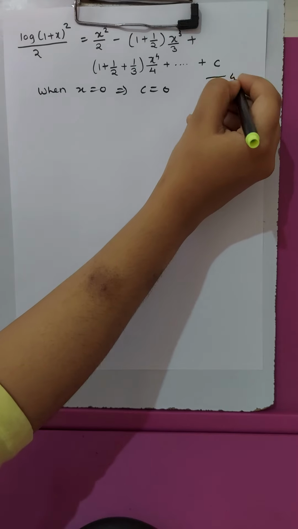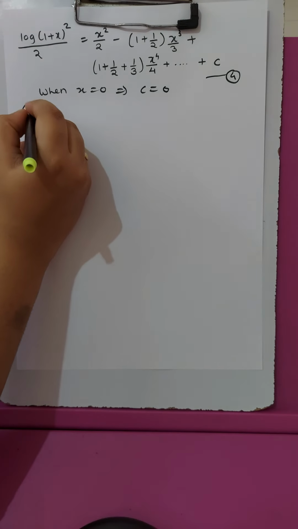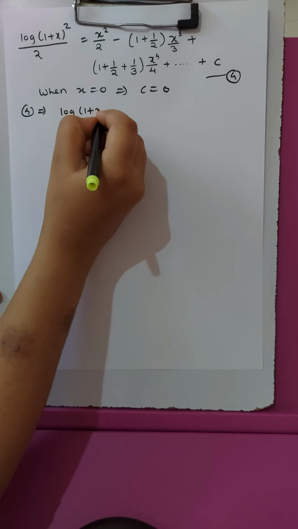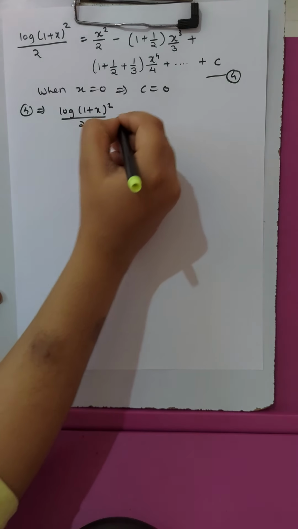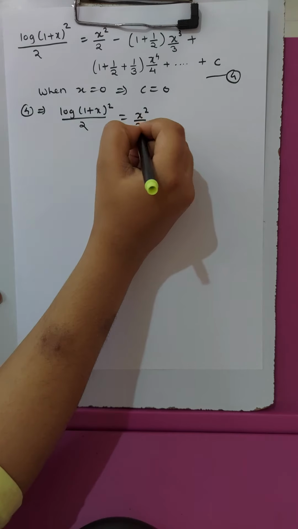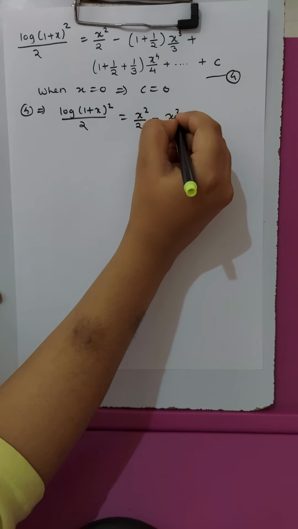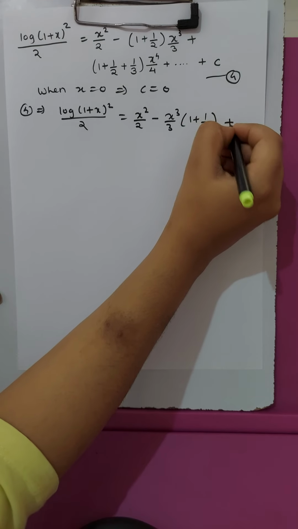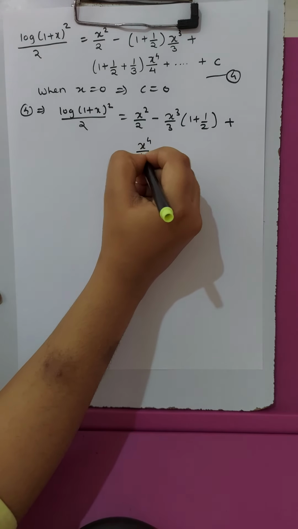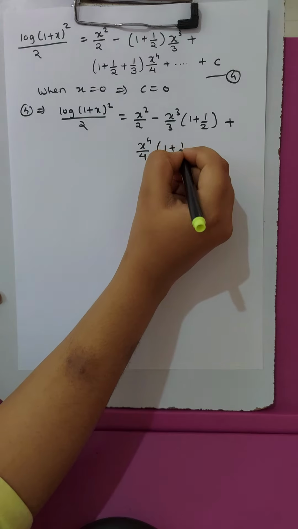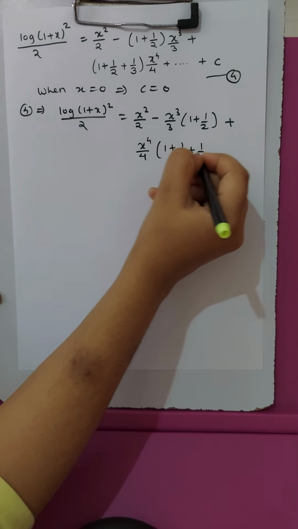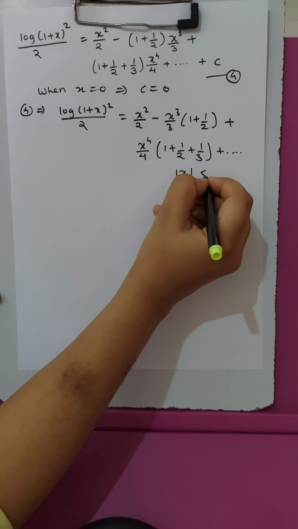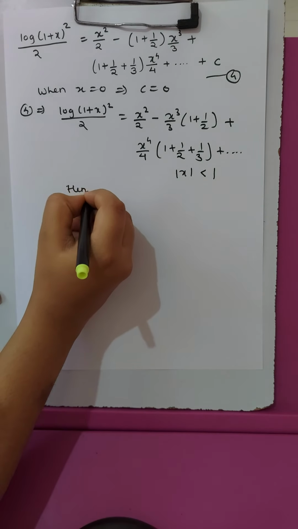Therefore this implies that (log of 1 plus x) square upon 2 is equal to x square upon 2 minus x cube upon 3 in bracket 1 plus 1 by 2, plus x to the power 4 upon 4 in bracket 1 plus 1 by 2 plus 1 by 3 plus up to so on, for mod x less than 1, and hence proved.